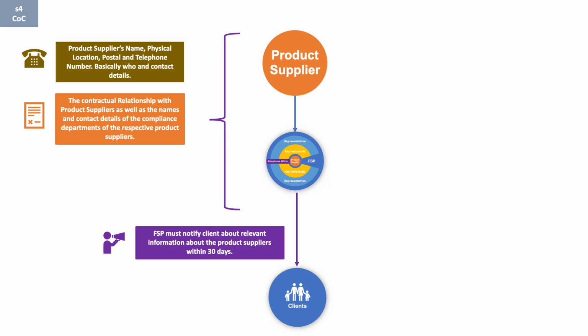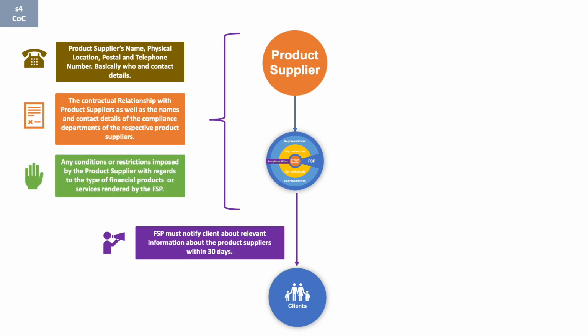An FSP must communicate to its client any conditions or restrictions that have been imposed by the product supplier with regards to the type of financial products or services that they as the FSP have rendered. All these are important as they provide the client with an understanding of the relationship between the FSP and the product supplier, so that the client can make an informed decision knowing that the FSP and the product suppliers have a relationship and an agreement with each other.